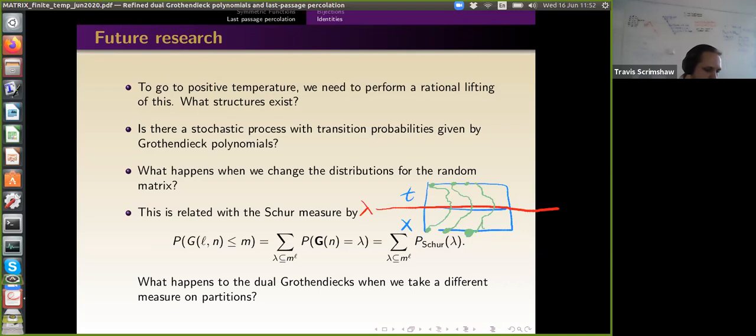But on the refined side, what we're doing is we're actually taking a cut in a slightly different way. Actually, I guess I have my picture slightly wrong here. For the Schur process, oops, no, I want to draw here.